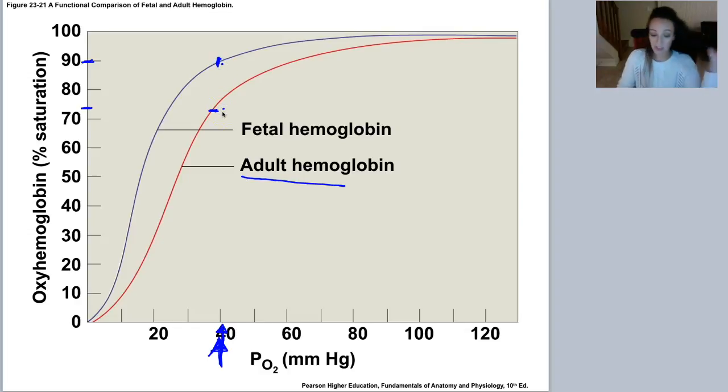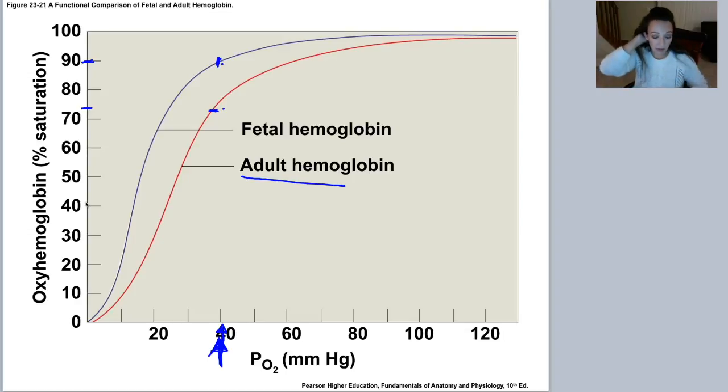So if both of these hemoglobins are together in the same solution in the body, or even very close to each other in two different solutions in the body, if they're both given the chance to grab oxygen at a given partial pressure, let's just say 40 millimeters of mercury, the fetal hemoglobin will grab more of the oxygen than the adult hemoglobin will.